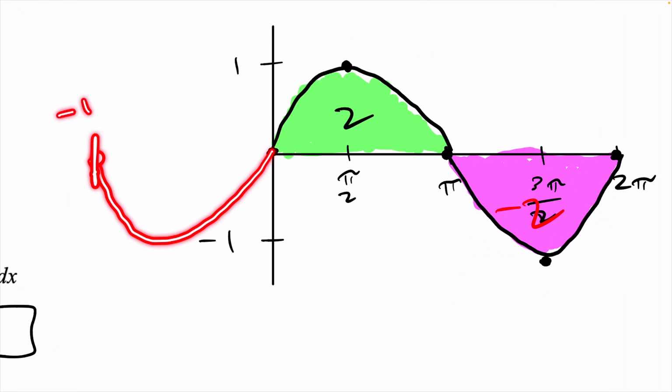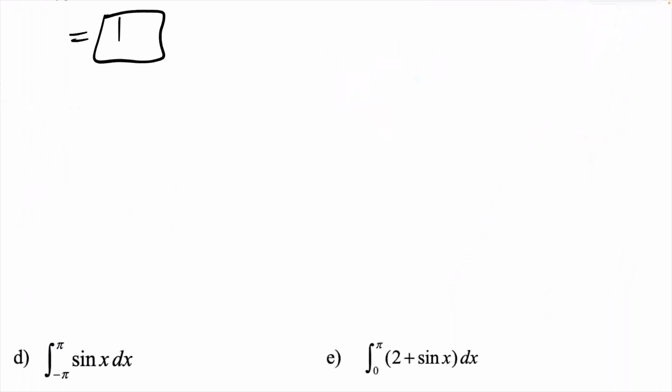And isn't here negative pi? So what do you think the area of that would be? Negative 2, yeah. So what would the area be from negative pi to positive pi? It's the same answer as 0 to 2 pi, because you get negative 2 plus 2. Again, it's not that there's no area, it's just that they cancel each other out.